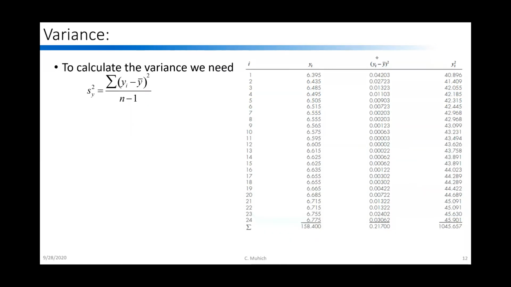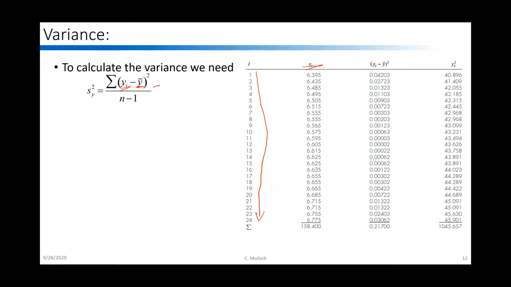Let's look at the variance. So in order to calculate the variance, we need to know the mean and the difference from the mean of every point. Here I've taken each individual value and I've lined them up. So here are all those different y values that we had before.